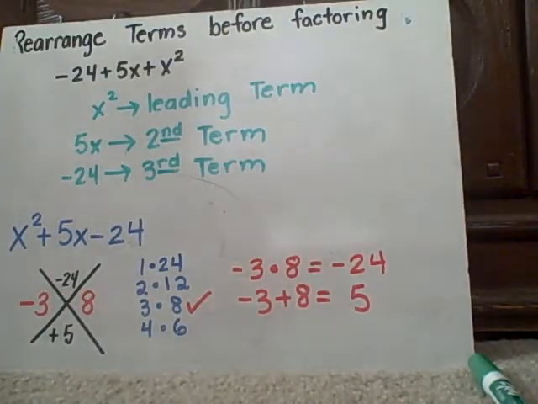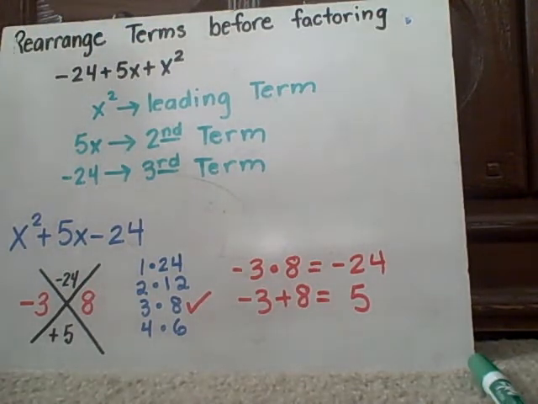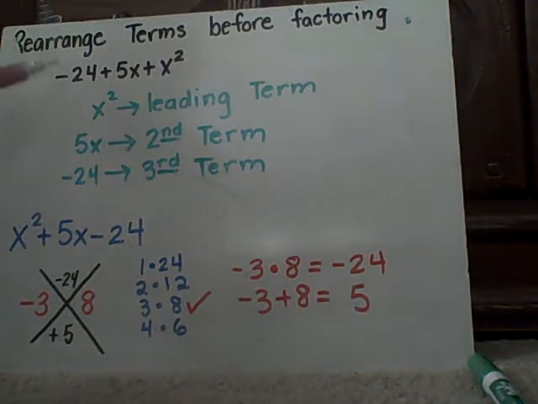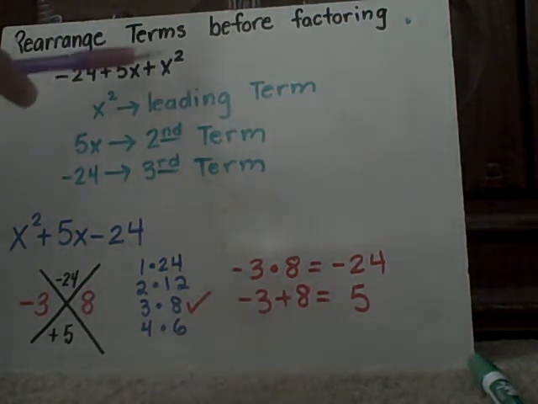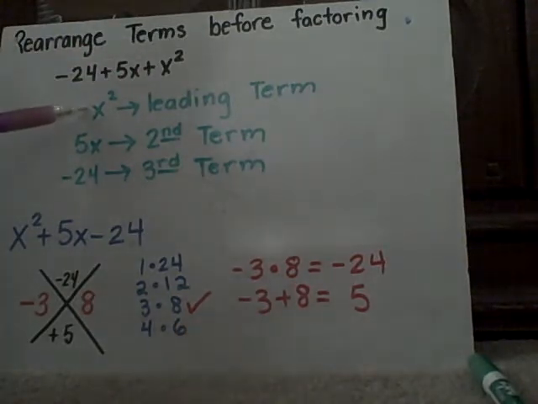Sometimes they give you a trinomial that is out of order. In other words, they'll put the constant first, then the middle term, and then the x squared term. Your x squared term should always be the leading term, followed by the number with the variable with the exponent of 1.